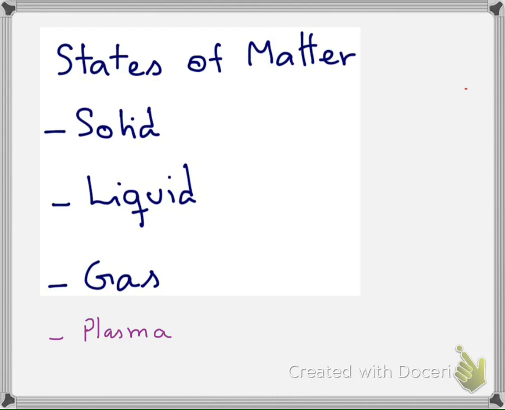Some people say that is the fourth state of matter, but here we will stick to the conventional definition and leave plasma for more advanced study. So we have the solid state, liquid state, and gas state.